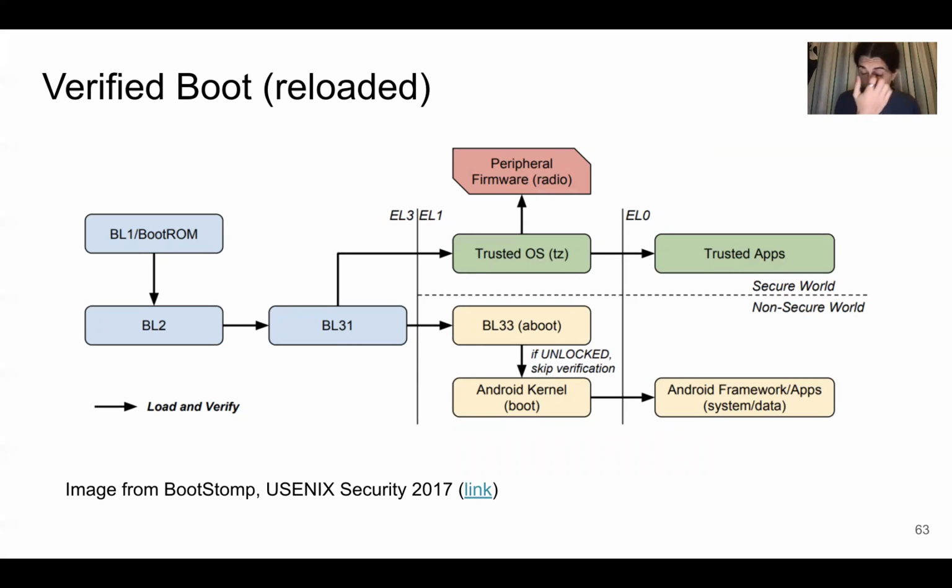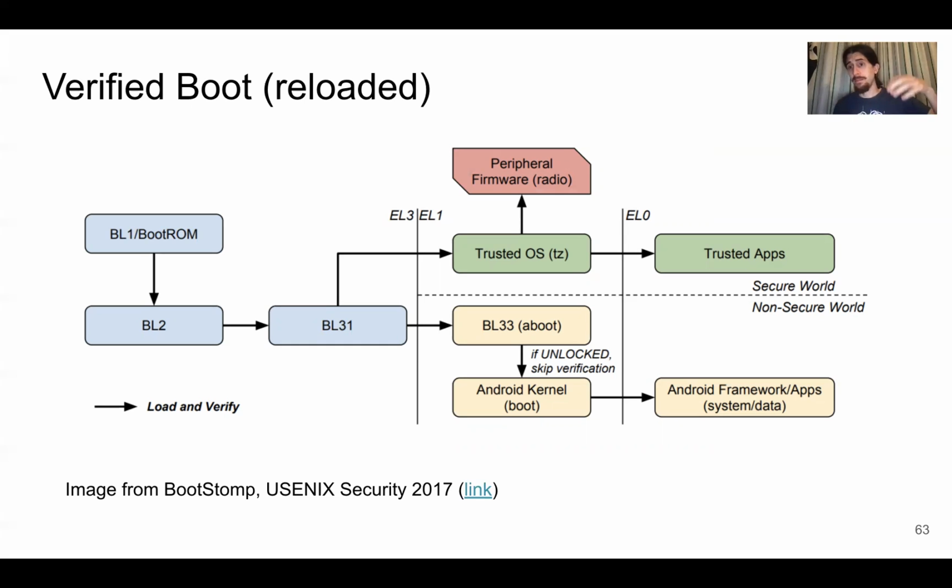But you see, there is another component now in the secure world above the horizontal bar, and there is no locking and unlocking there. So there is this BL31 point that basically starts the trusted OS in the TZ partition, which usually is encrypted. And then this TZ partition starts specific peripherals, such as the radio.